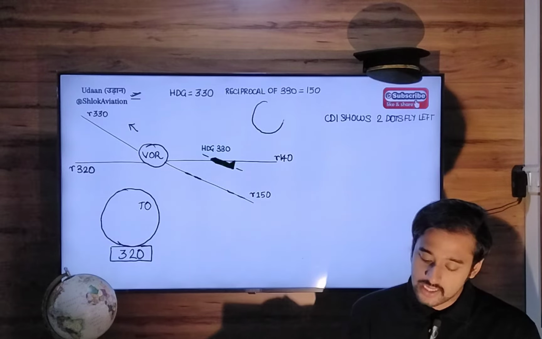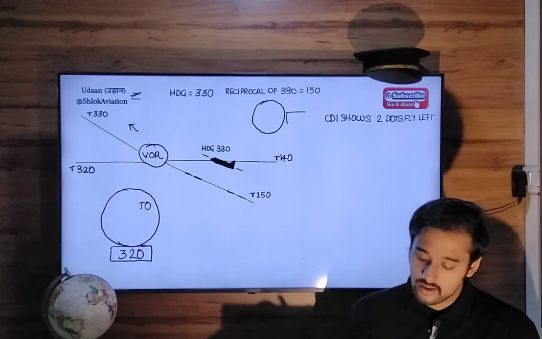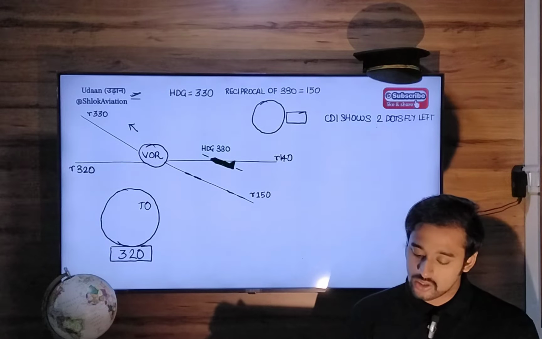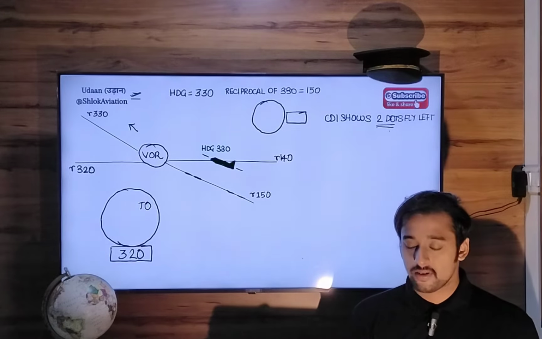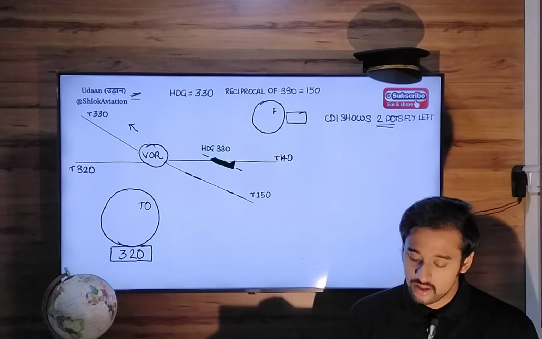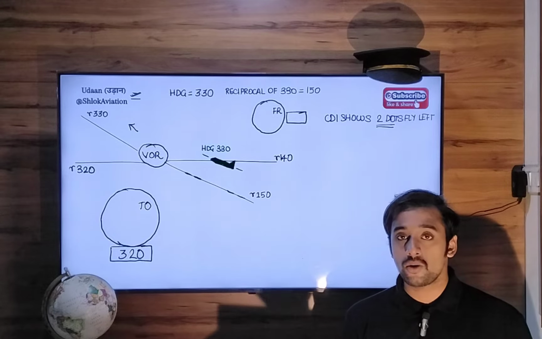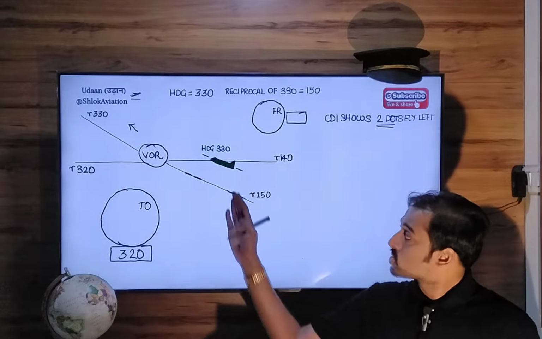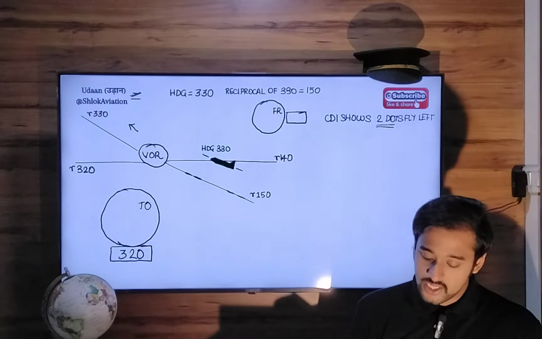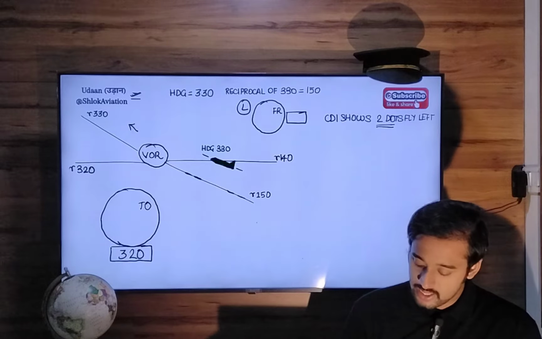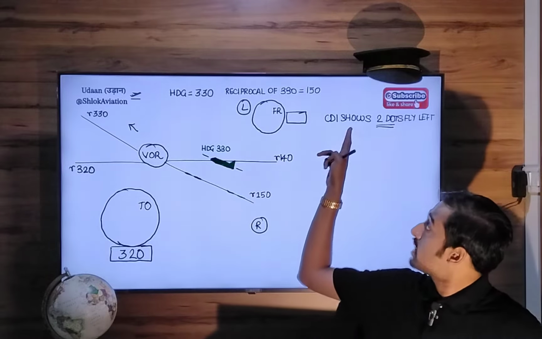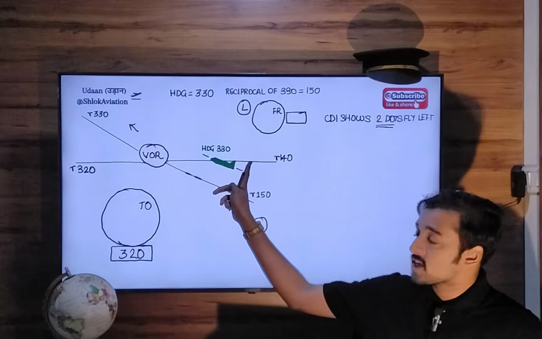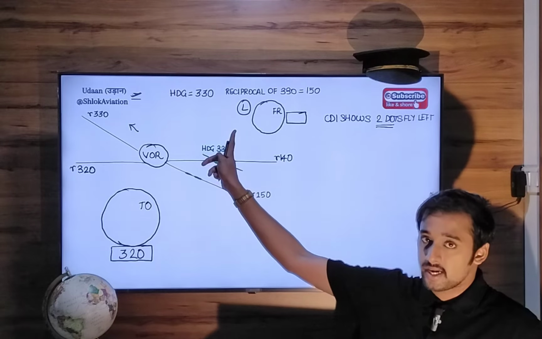So this is your OBS selector, and the aircraft is situated on radial 140. The CDI shows two dots fly left. Okay, FROM indication, so FROM indication is the outbound radial. All the perspectives are with respect to outbound. So going outbound, this is your left side, this is your right side. If the CDI tells you to fly left, two dots fly left, it means from this position we have to go to the left hand side.